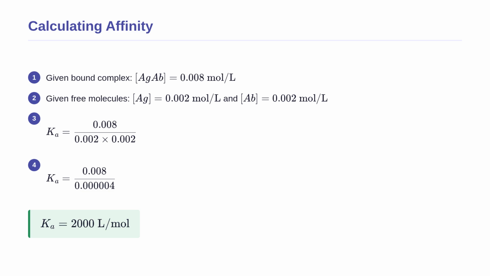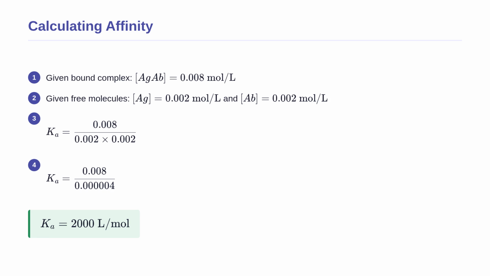Before we move on, let us see this formula in action with a concrete example. We are testing a newly discovered viral antigen. We are given that the concentration of the bound complex is 0.008 moles per liter. The free antigens and free antibodies are both at 0.002 moles per liter.